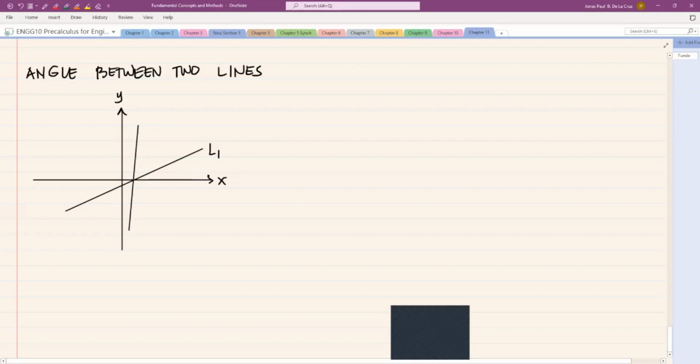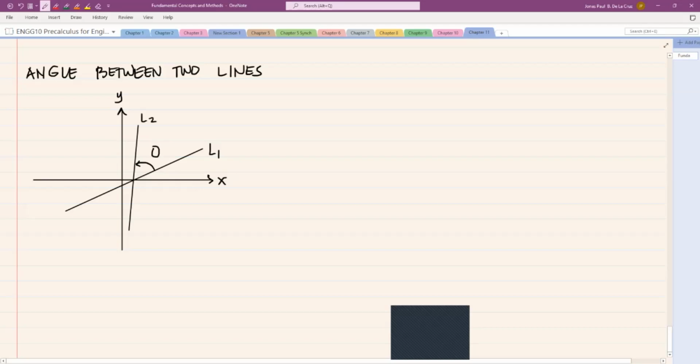And we have line L2. Okay. So, the angle between the two lines is solved by taking itong L1 tapos rotating counterclockwise until it coincides with L2. Okay? So in this case, the angle between the two lines is this one.